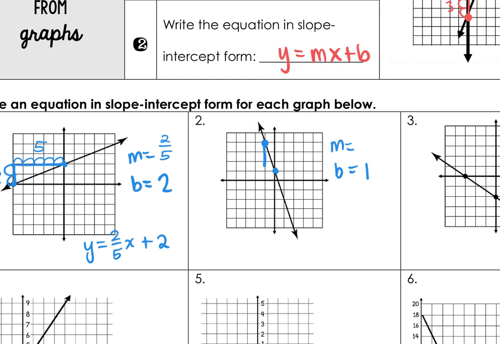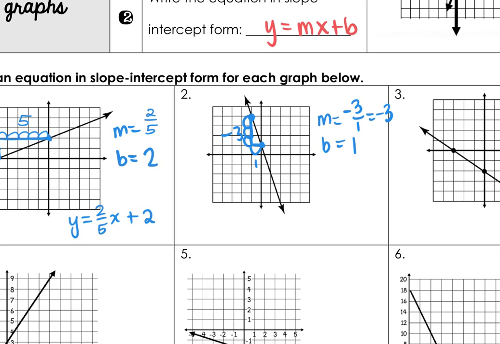So I'm going to count down and right, because down and right is how I graph it when it's negative, so that's how I like to count too. So down 1, down 2, down 3, so -3 over 1, which means my slope is -3 over 1, or I can just write it as -3.